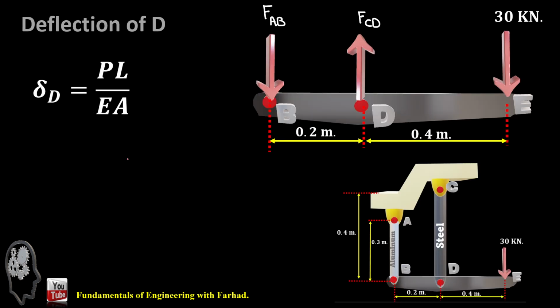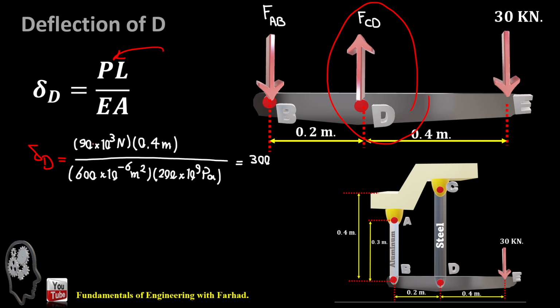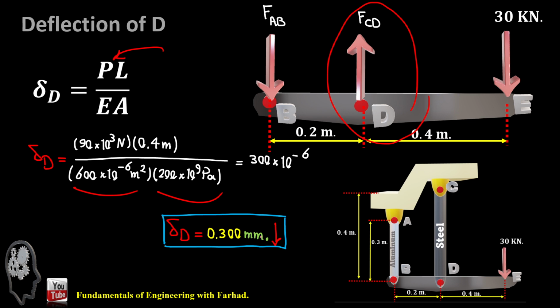So for deflection at D this time, we just jump here. We can replace the numeric value of the tensile force FCD, which is 90 kilonewton, and the other specifications are provided as we reviewed in the previous slide, and that's delta D, and that's positive, that's a downward movement.